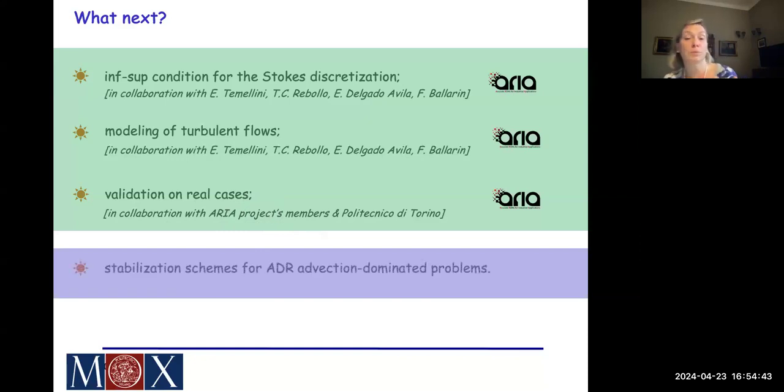And this is another topic we are interested in, in a more simple, I would say, scalar context. So try to understand how to manage the stabilization, for instance, of advection-diffusion-reaction, and maybe later the Stokes problem, when we are dealing with a HiMod approximation.